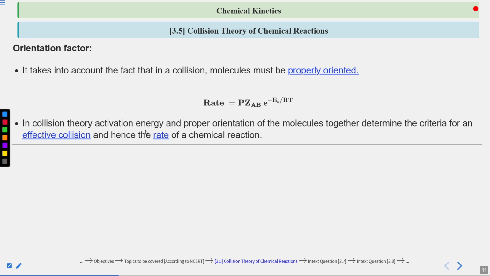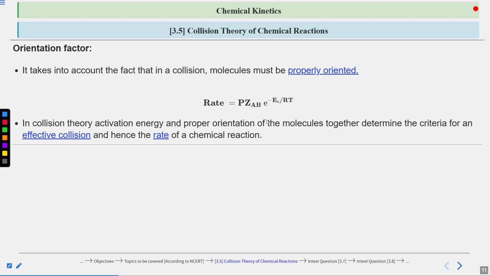In collision theory, activation energy and proper orientation of molecules together determine the criteria for an effective collision and hence the rate of a chemical reaction. That means whether the collision is effective or not, whether the collision is perfect or not to form the product.